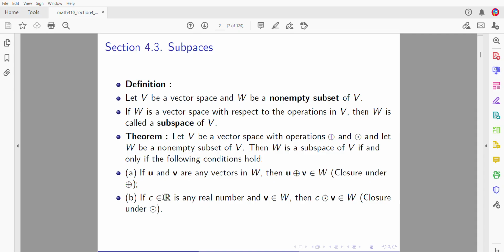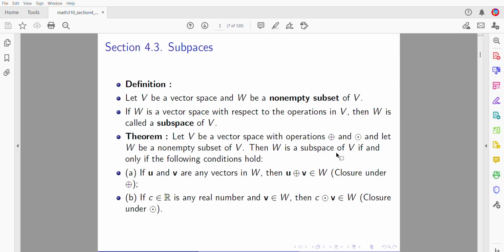That's it. So to be a vector space in its own right, if you remember, there are 10 requirements. 2 closure requirements, that is these two, and then 4 additional requirements of ⊕ and 4 additional requirements of ⊙. Turns out, if you already have a vector space and W is a subset of that vector space, then W becomes a vector space in its own right.